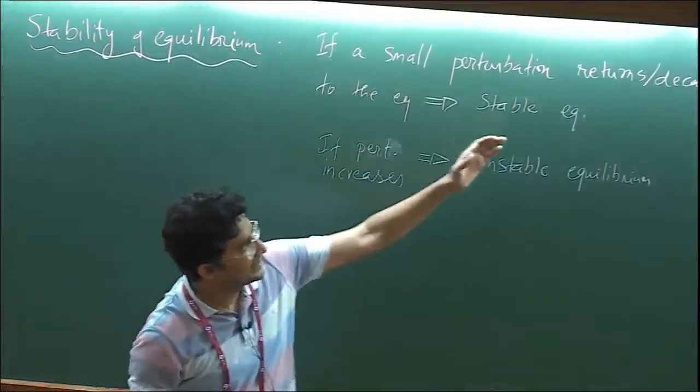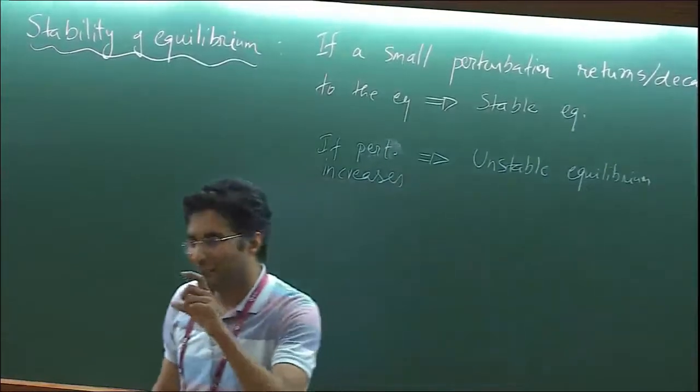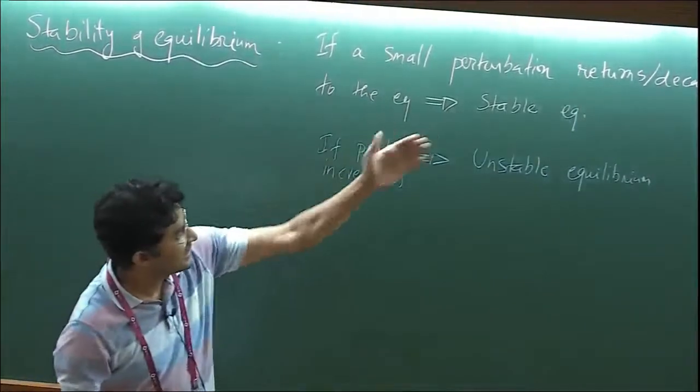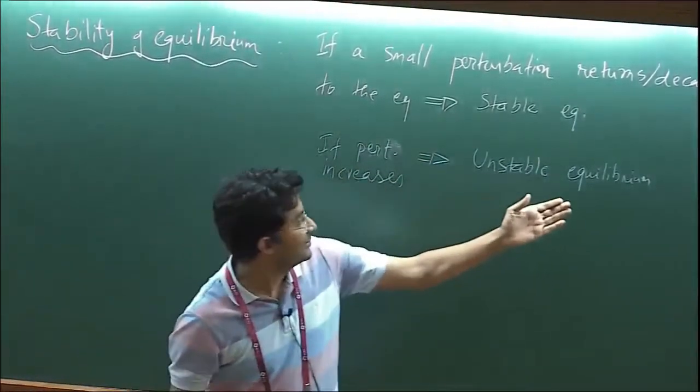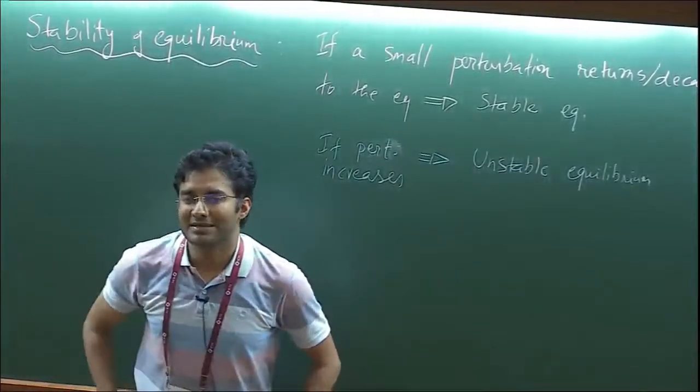If the perturbation basically helps you return back to the equilibrium, or if the strength of the perturbation decays, we call that a stable equilibrium. If the perturbation that we made actually increased, we call it an unstable equilibrium.